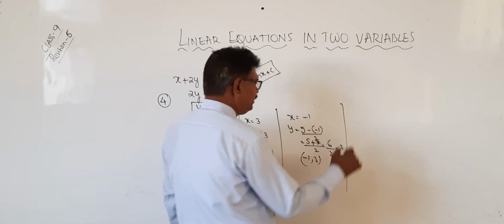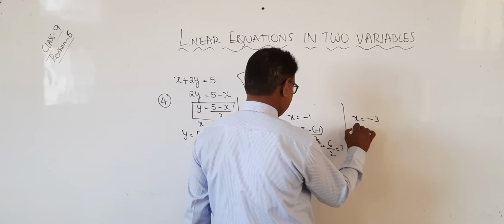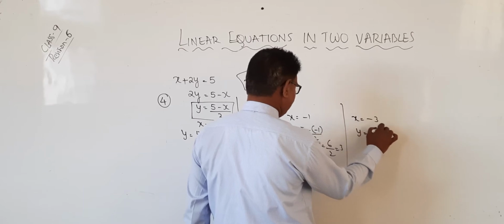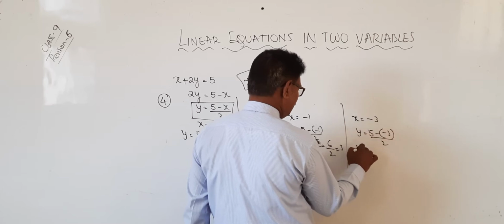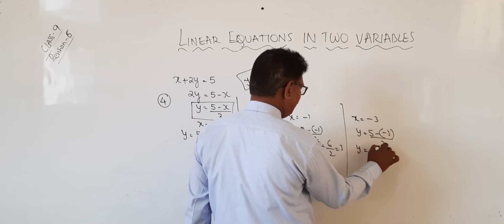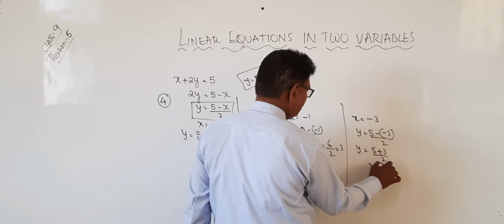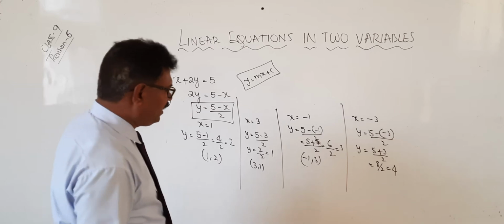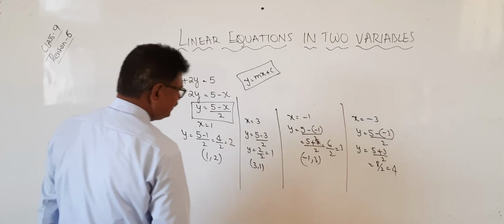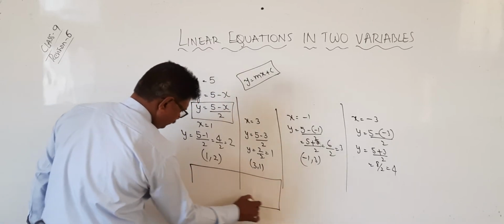Like that only. x equal to minus 3. Then y equal to (5 minus of minus 3) by 2. Therefore, y equal to 5 plus 3 divided by 2, which is 8 by 2, which is 4. Okay? Therefore, 1, 2, 3, 4 solutions. Therefore, you can draw like this.